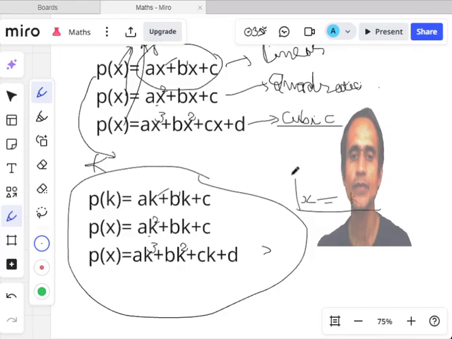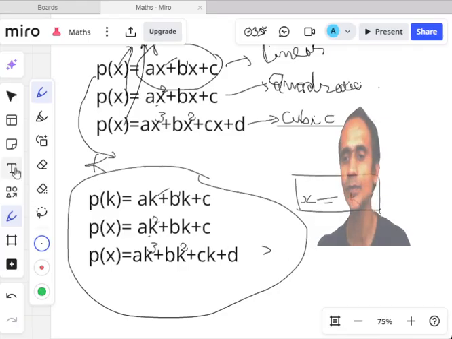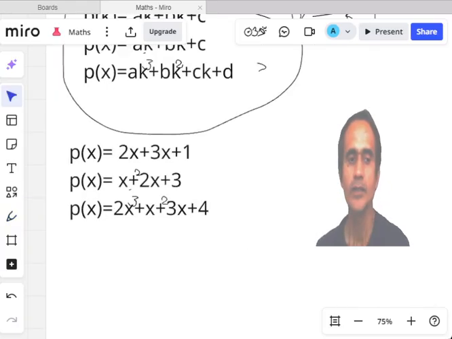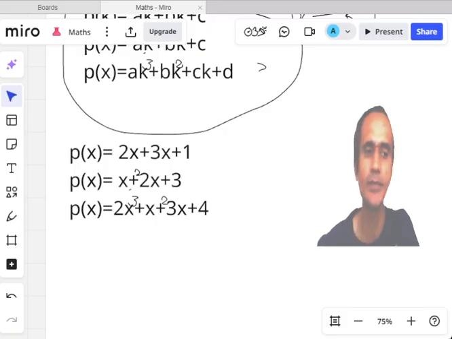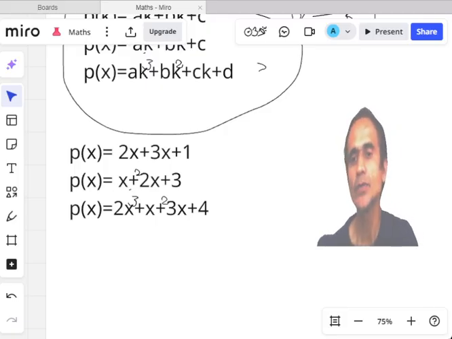Let us now understand the value of a polynomial by some examples. Suppose we have these three equations. This is your linear equation, this one is a quadratic, this one is a cubic equation.